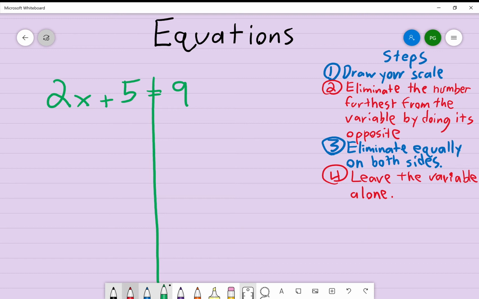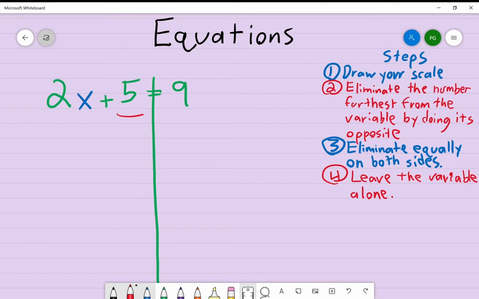Now, I need to find out on the side of the equation that has the x, the x being my variable. Well, first of all, I want to identify the x as my variable. Okay, so on the side of the equation that has my x, which number is further away from the x? The 2 or the 5? Well, that's right, the 5. The 5 is further away. So I want to eliminate the 5 by doing its opposite.